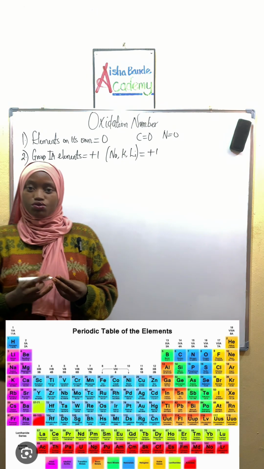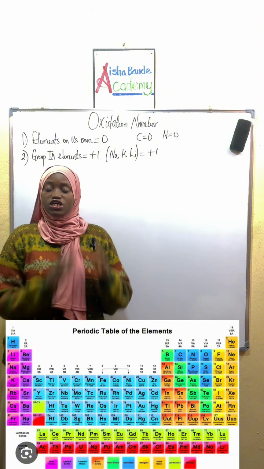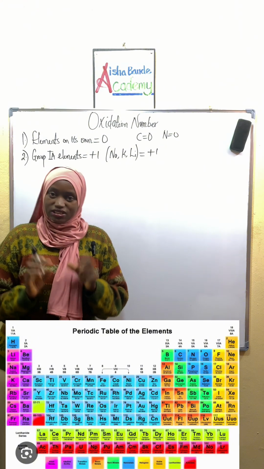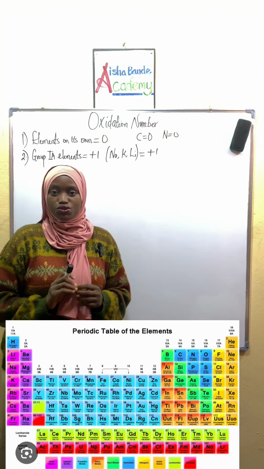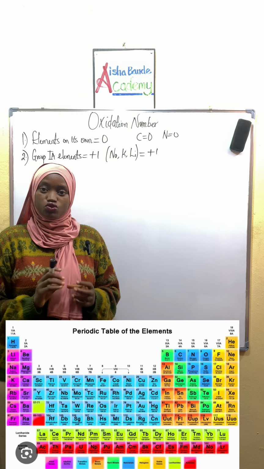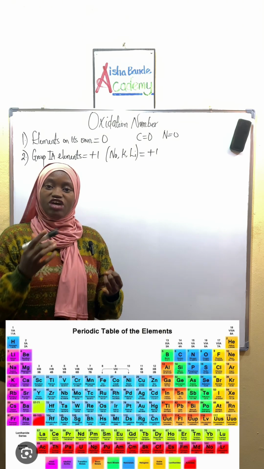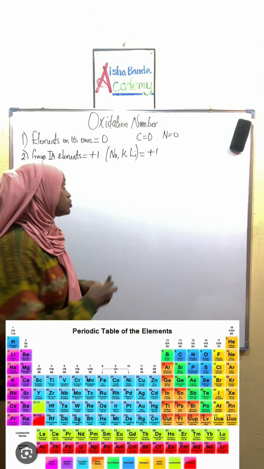So for the third rule, it states that in the periodic table, the group 2A elements have oxidation number equal to +2.